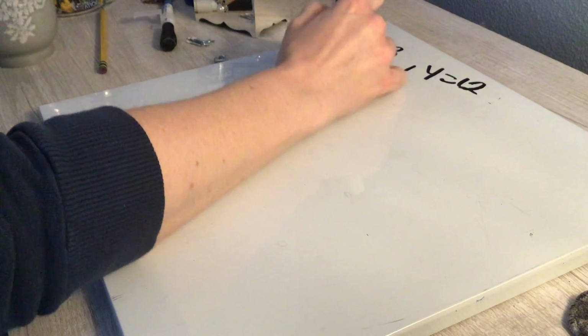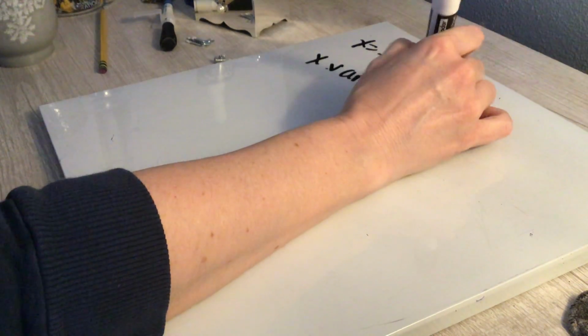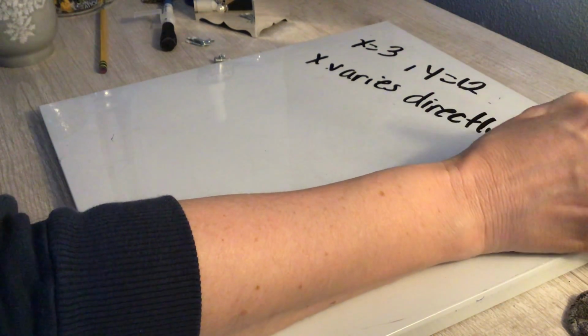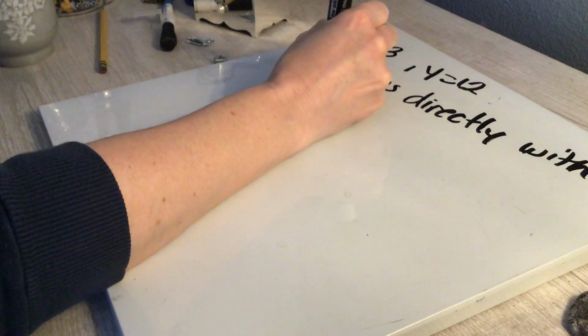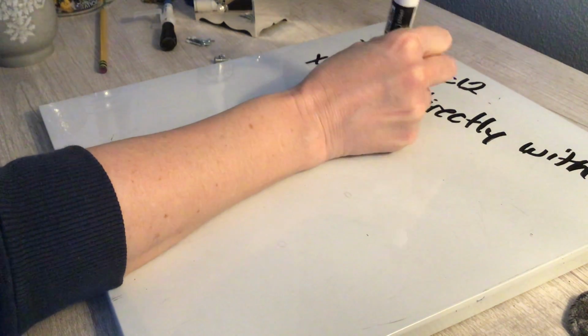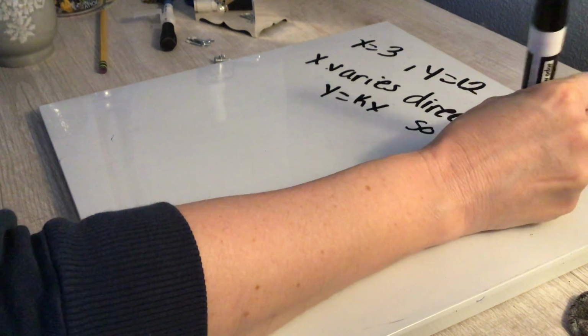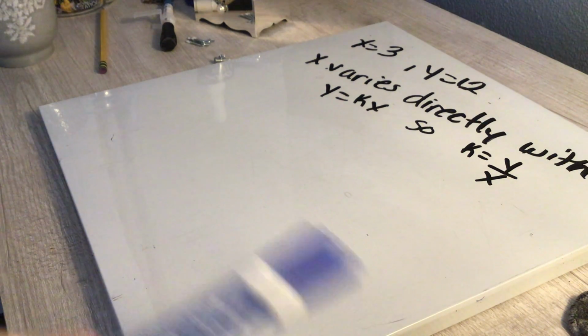And then if we're told x varies directly with y, then you're going to be able to say, okay, well, x varies directly with y, so we know that y equals k times x. So we know that k equals y divided by x. So that's the first thing you're going to do, is you're going to find your value for k.